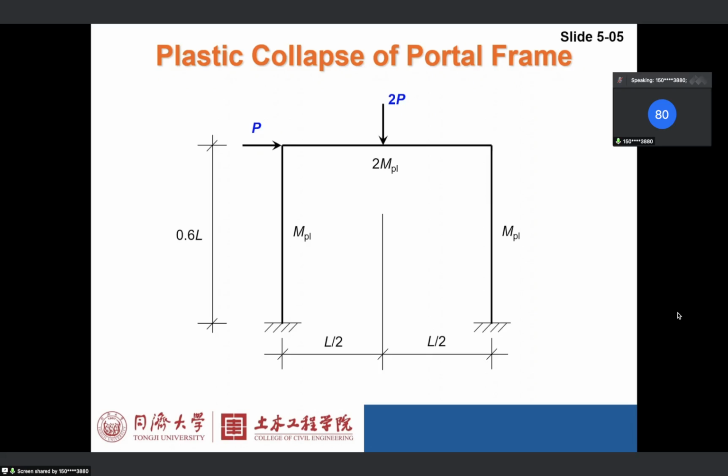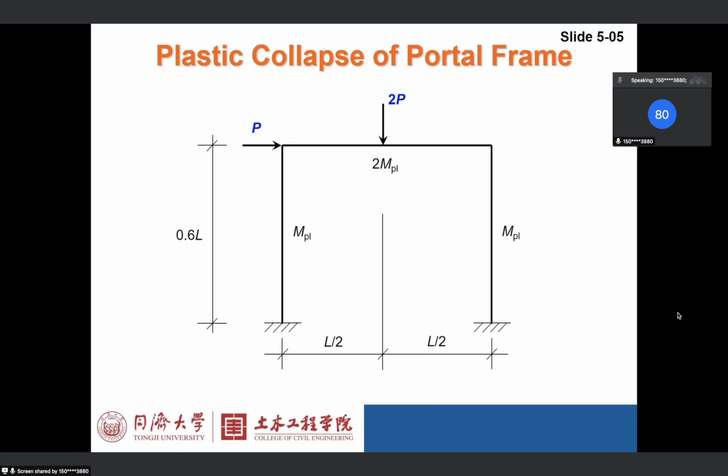And then, based on the 3 typical mechanisms, you use virtual work, you use kinematic method, right? And you get 3 PCs. You have 3 mechanisms, you remember these 3 mechanisms, and you get 3 values of PC based on these 3 mechanisms.